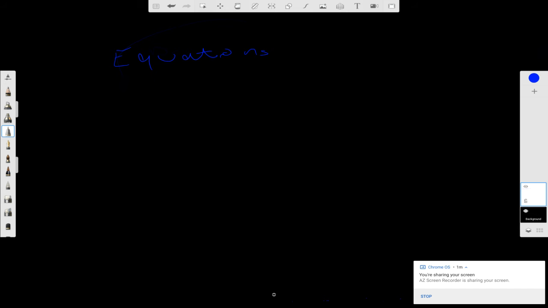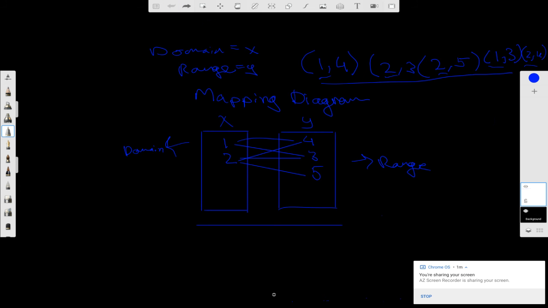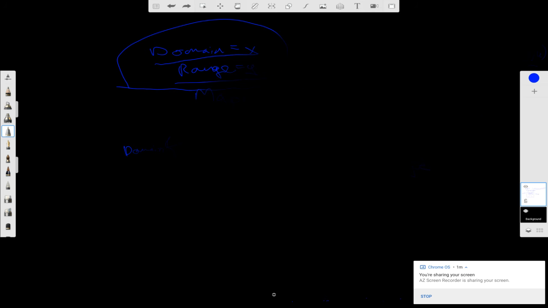So we are gonna start with equations because it's a little more basic, and functions is, I would say, a little more complicated. Okay, so we have equations right over there.